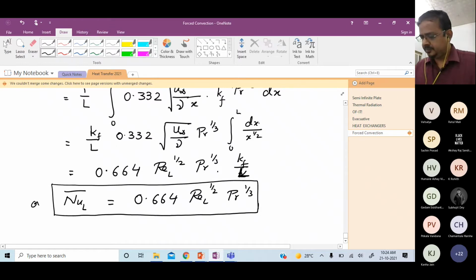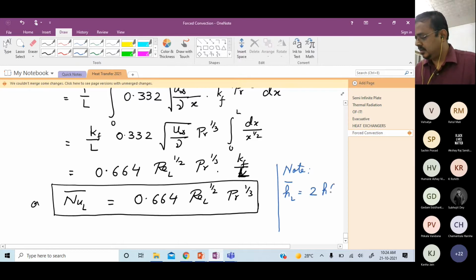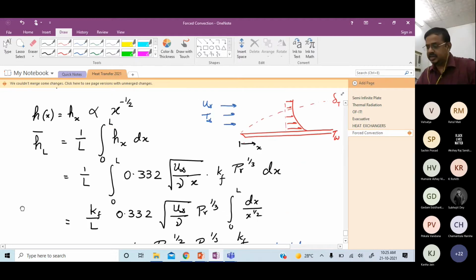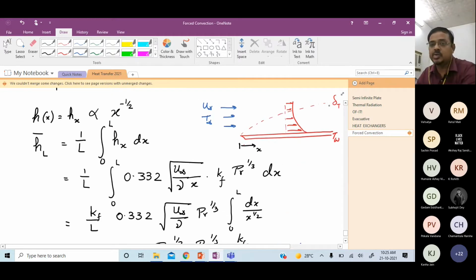Okay, you may make a note that this H bar L is actually 2 times H at x equal to L. At the trailing edge, the heat transfer coefficient will be lowest because the thermal boundary layer is the thickest. Remember, we discussed yesterday, the thermal boundary layer is kind of a bottleneck. It's a resistance.